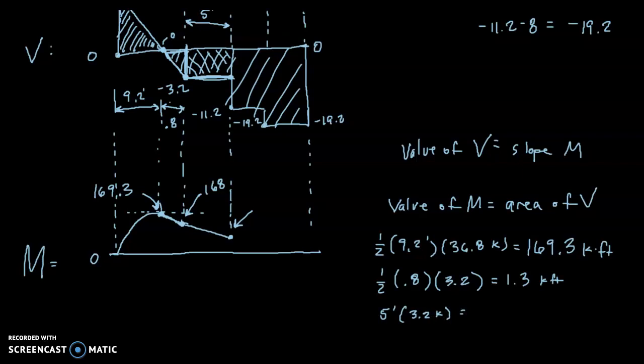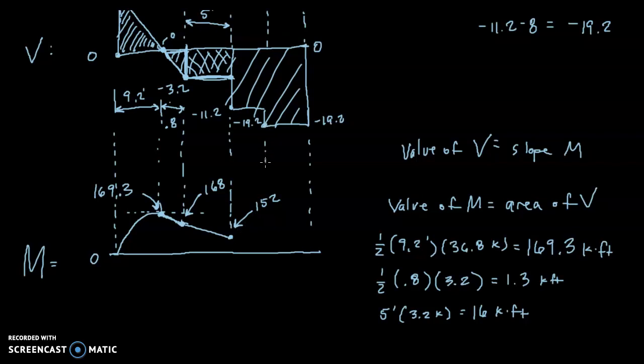And so that is 16 kip feet. So the value here would be 168 minus 16, and that gives me 152. So I've come down in the moment diagram value from 168 to 152.